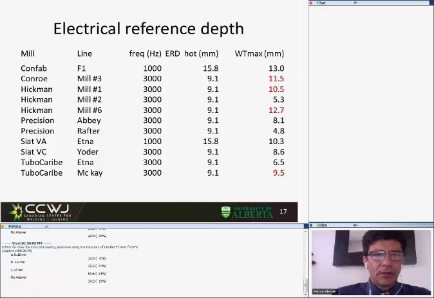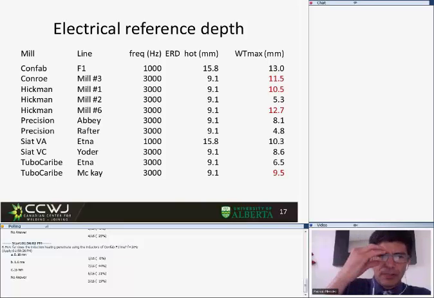It goes between 1 kilohertz and 3 kilohertz. And the electrical reference depth for the non-magnetic part, that means when the tube wall is hot, the one that would give us the peak temperature, we calculated using this exact formula, and I compared it with the maximum wall thickness of the mill.